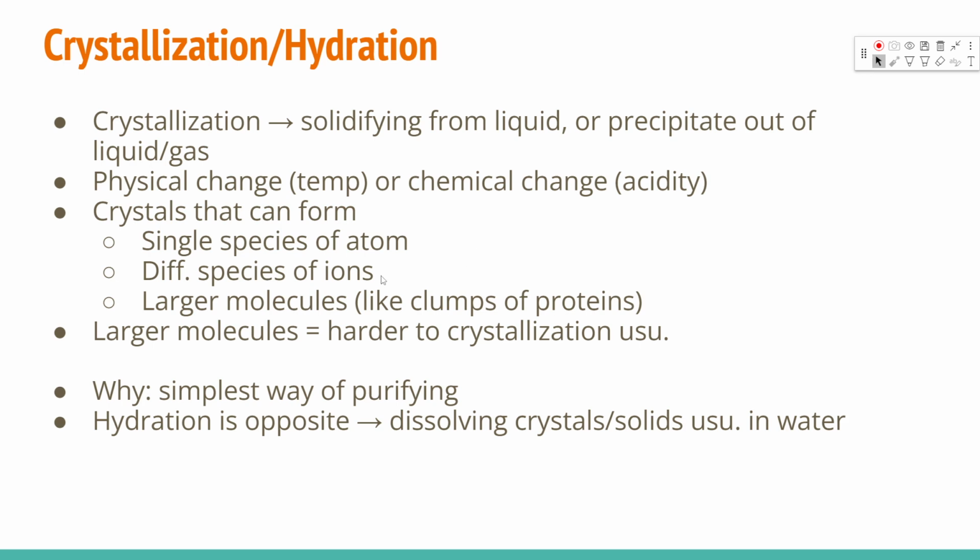If I wanted fluoride ions, then I could separate those. I could do larger molecules, so if I want a whole bunch of proteins from cells, I can get those clumps of proteins by making crystals. For really big molecules, like C20H50 or something, that's harder to crystallize.